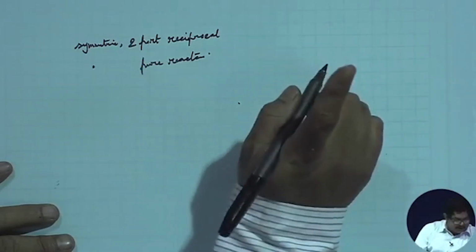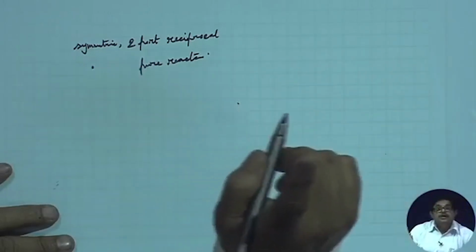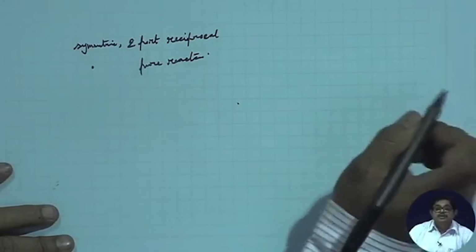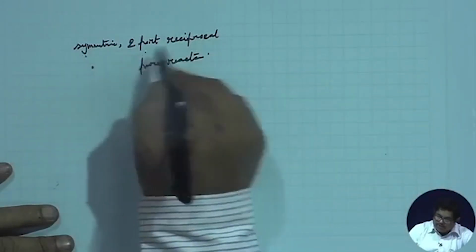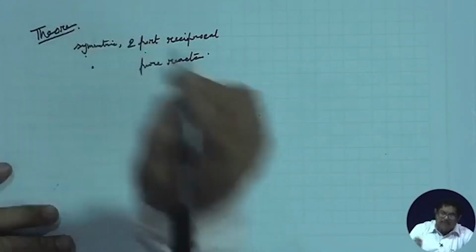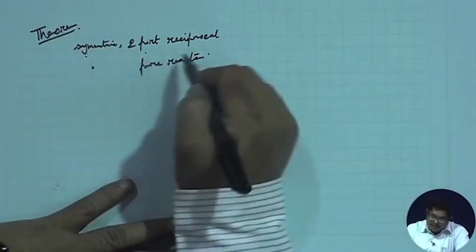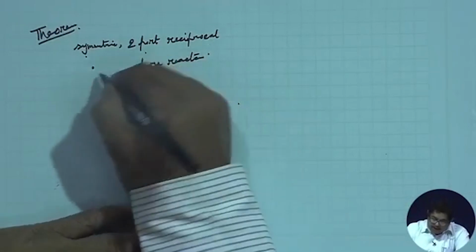If the characteristic impedance is a pure reactance, the attenuation constant is non-zero. So, for this symmetric two-port reciprocal network, this is a theorem of Everett.